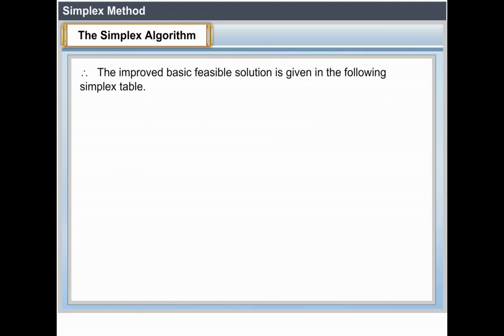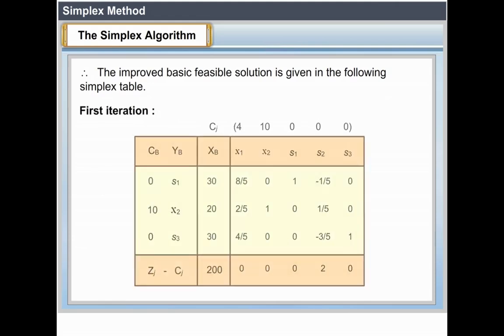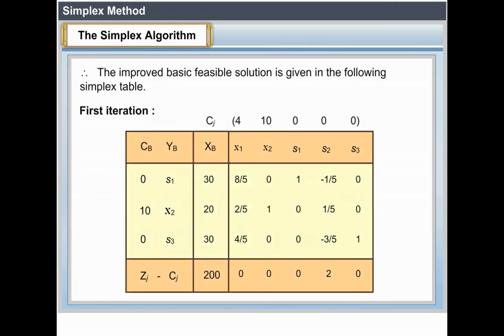Therefore, the improved basic feasible solution is given in the following simplex table. First iteration: CB, YB, XB, X1, X2, S1, S2, S3. The YB column is filled by S1, X2, S3, and the CB column is filled by 0, 10, 0.